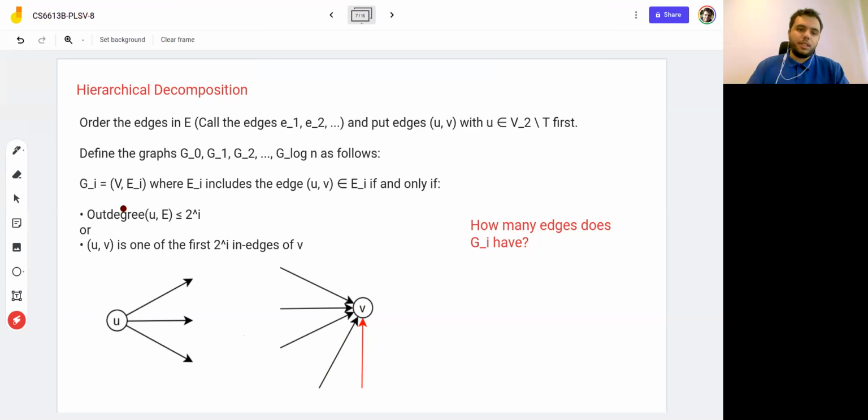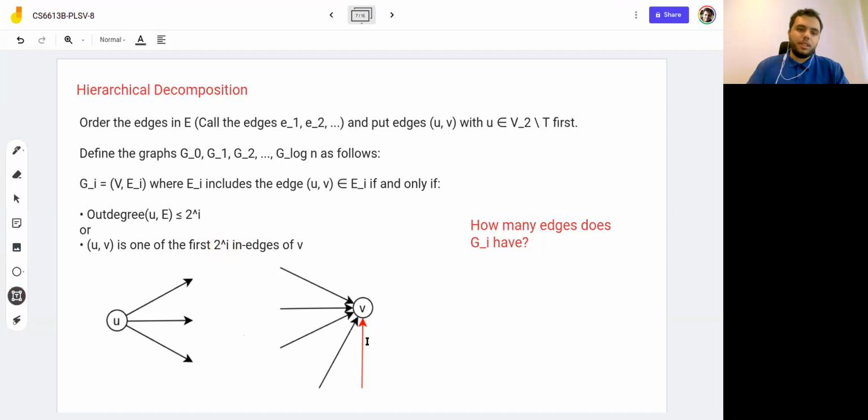And note that the set of vertices is the original set of vertices. So we have n vertices. So basically, for every vertex, if the vertex satisfies this case, I get 2 to the power of I edges. And from this case, I also at most get 2 to the power of I edges. And well, I'm counting some edges twice, but that's fine.